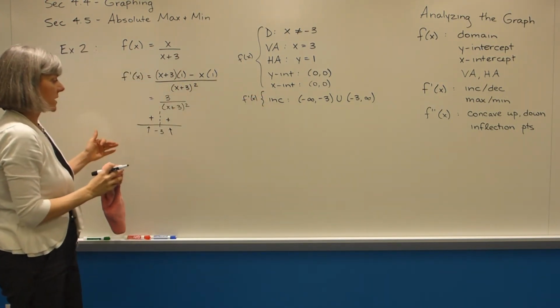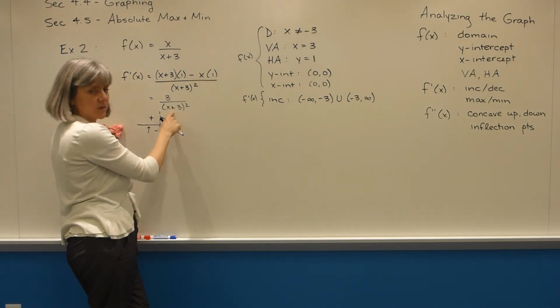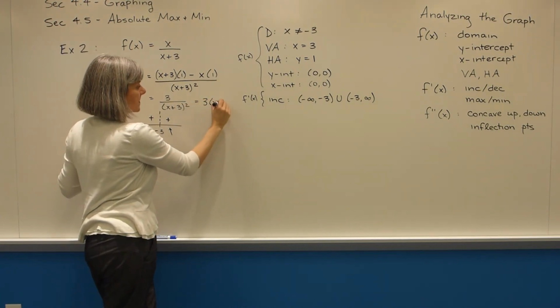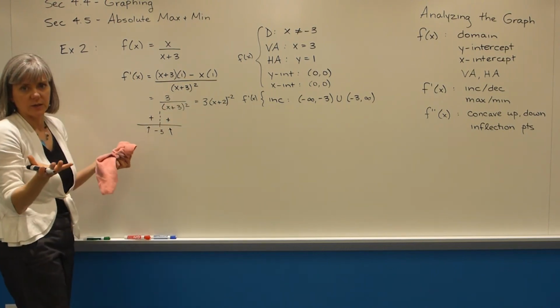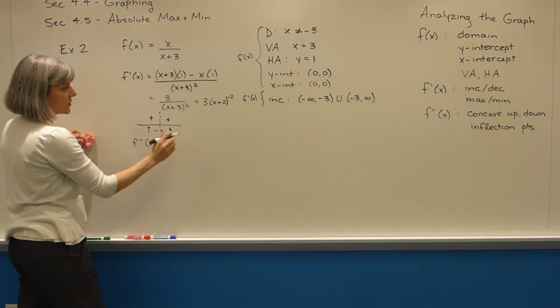Okay, so now we need to look at the second derivative. I prefer this form for substitution, but I prefer this form for doing derivatives. Then it's just a power rule. I don't have to do quotient rule. Okay, so let's do the power rule.